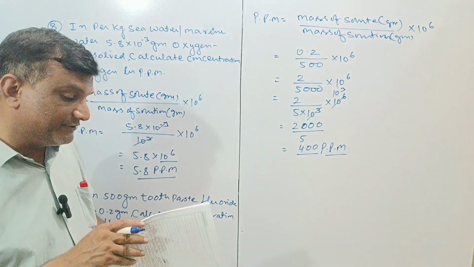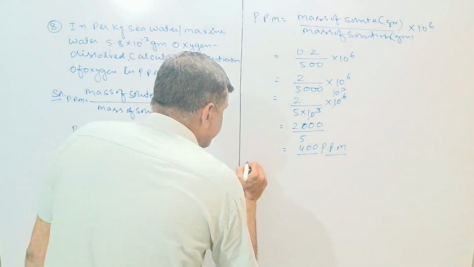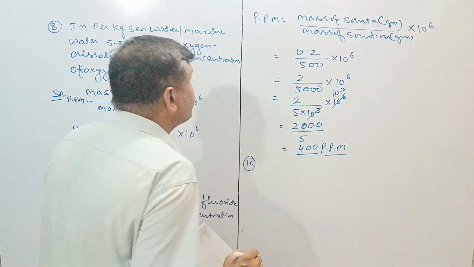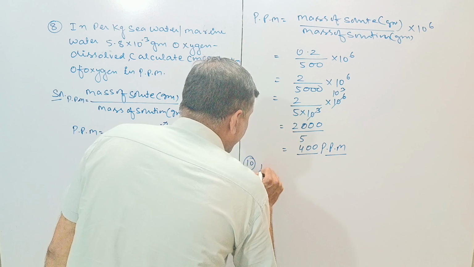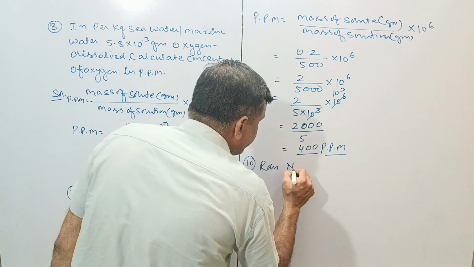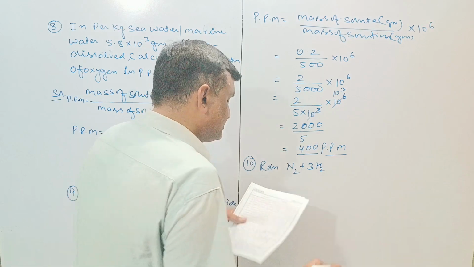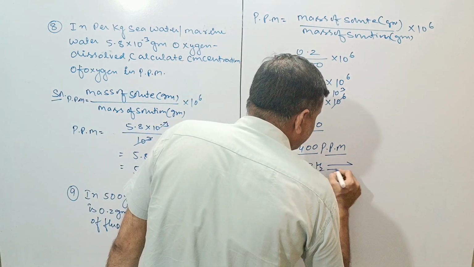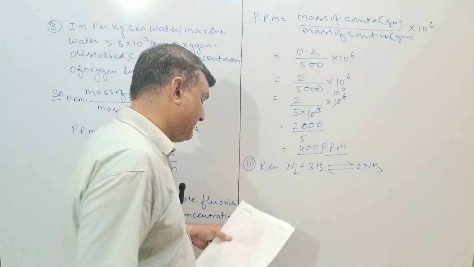Now I would like to go with the 10th question, which is very important. Question number 10: in a reaction N2 plus 3H2 gives 2NH3, this is the Haber process of ammonia.